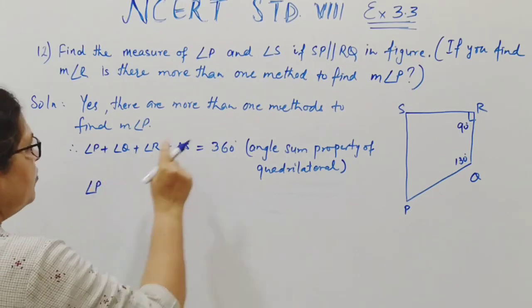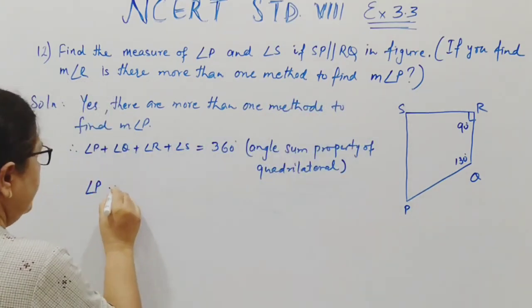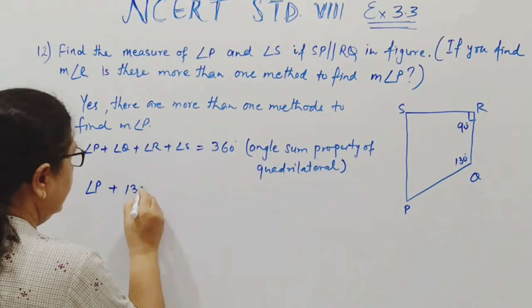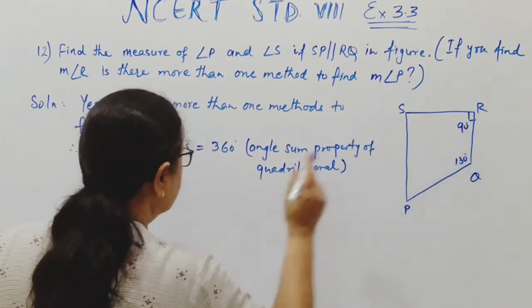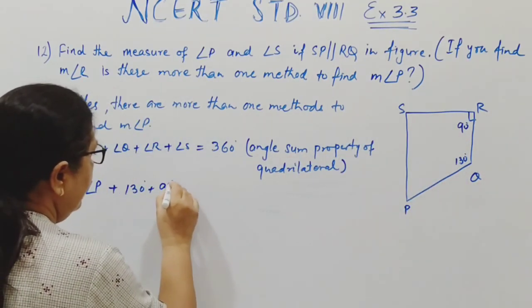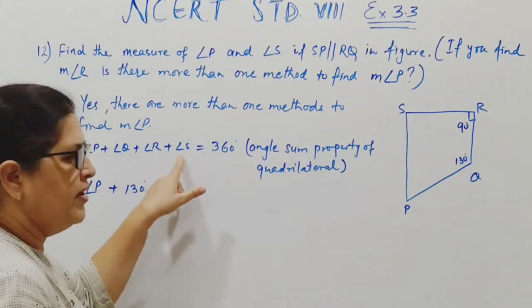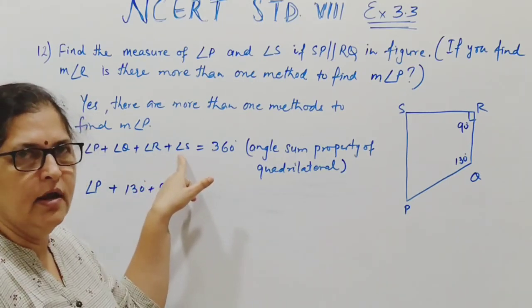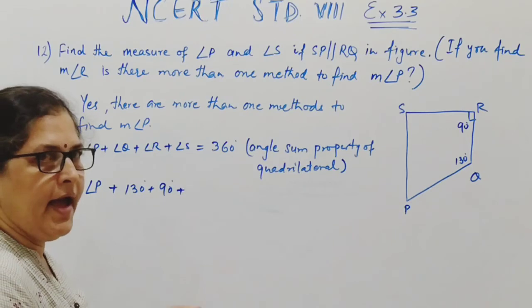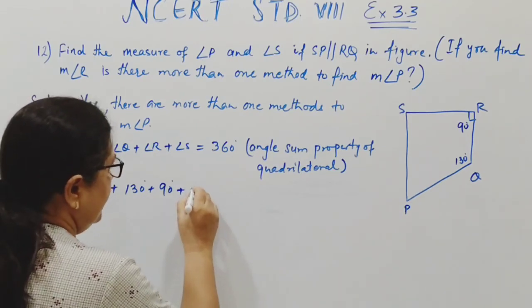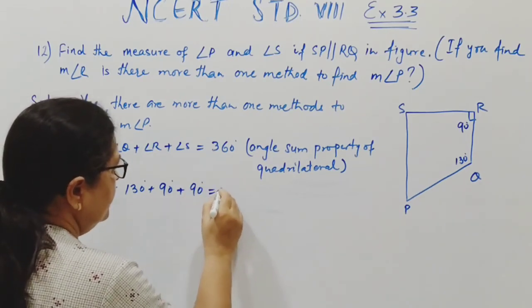Angle P we have to find. Angle Q is given 130 degree. Angle R is also given 90 degree. And angle S we can find by using co-interior angle property as we have done in the first part, that is also of 90 degree.